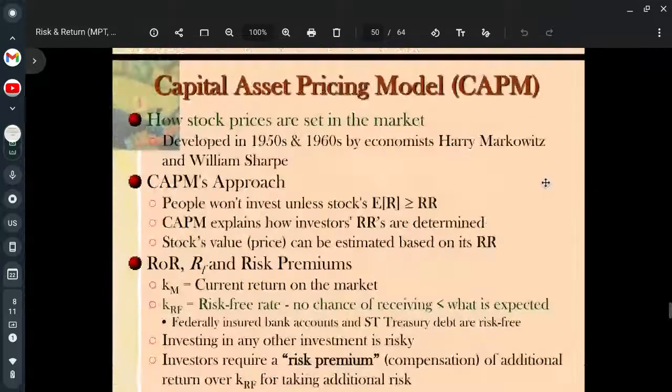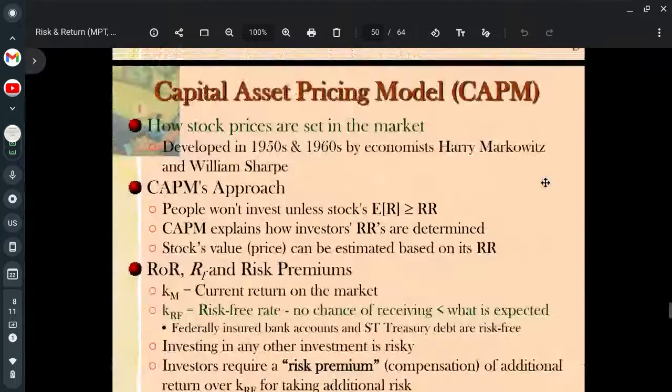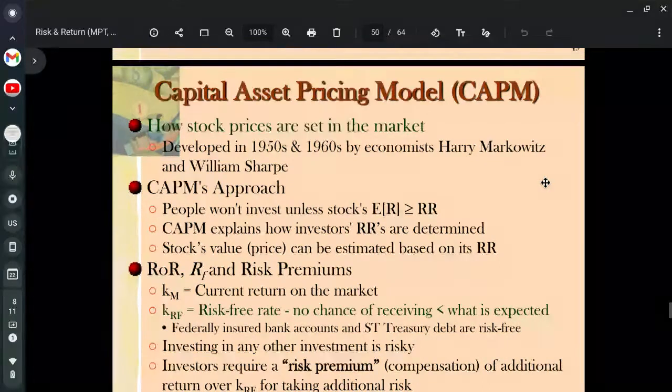The concept is like this. If beta is 3, what does that mean? It's 3 times more risky than the market, or 3 times more volatile than the market. If the stock is 3 times riskier than the market, then the stock's return should be 3 times the market's return. Does that make sense?